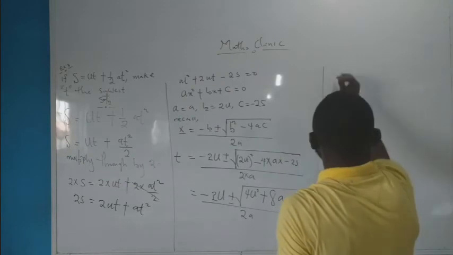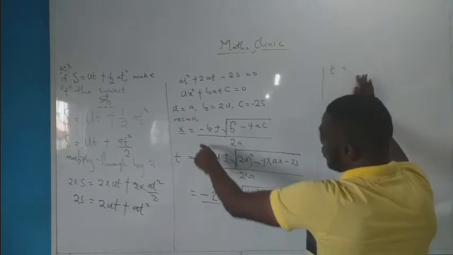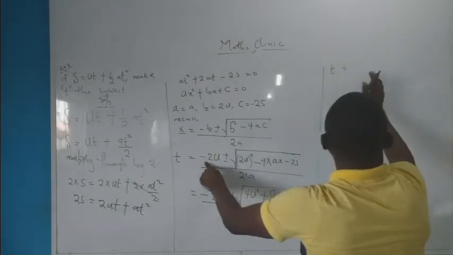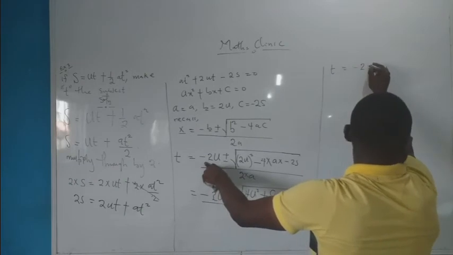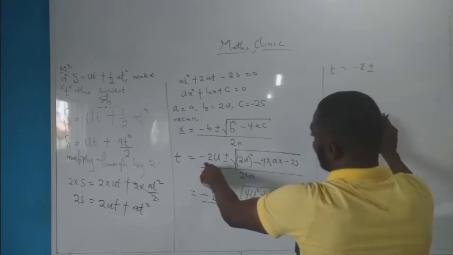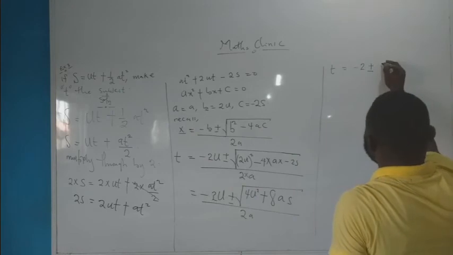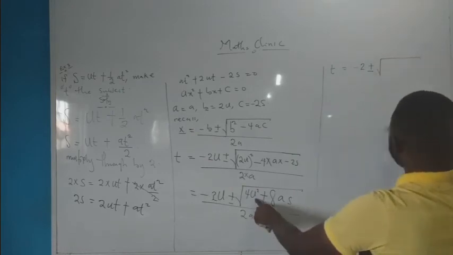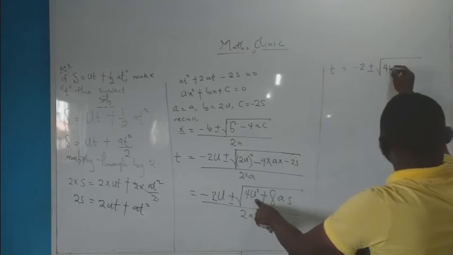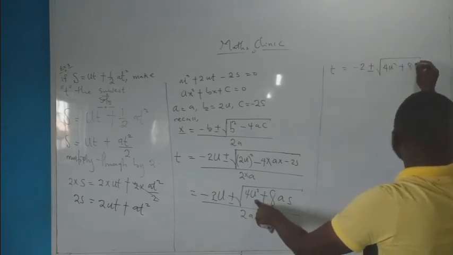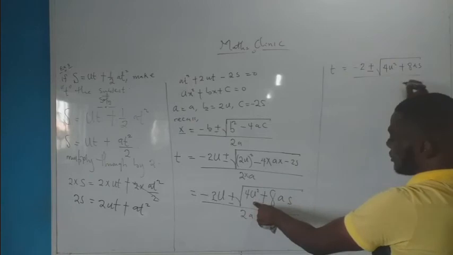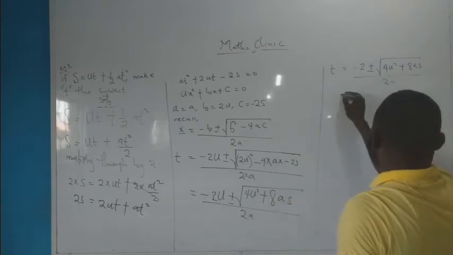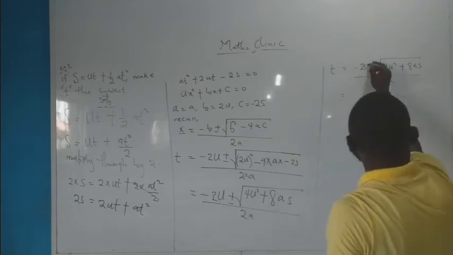So we can have t equals to minus 2u plus or minus square root of 4u squared plus 8ax, everything over 2a.